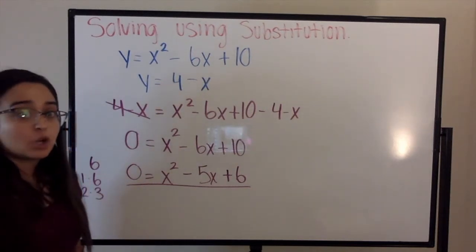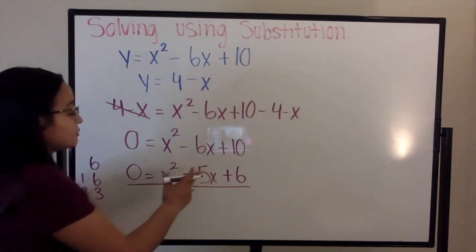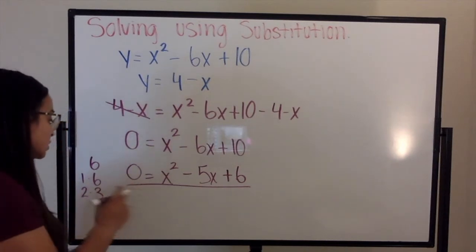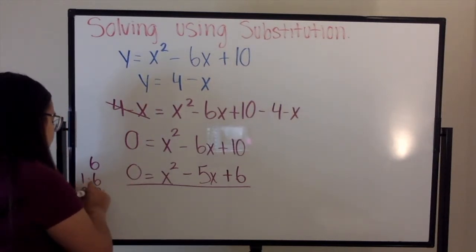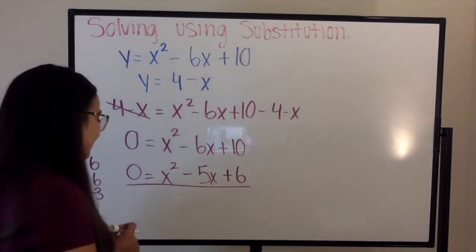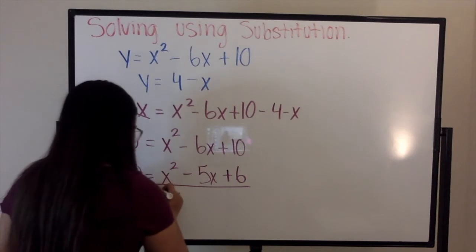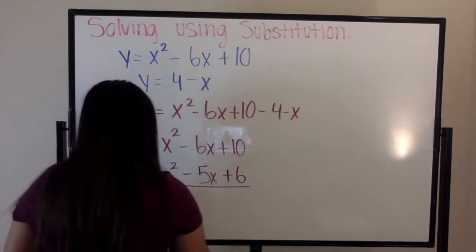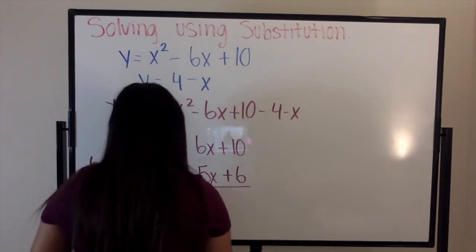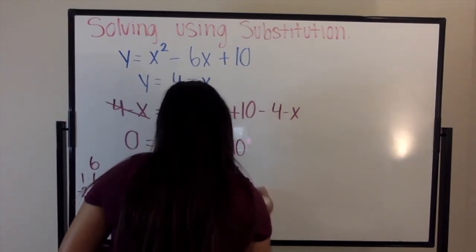Off the bat, I know both of my numbers are going to have to be negative in order to have a positive outcome when multiplied and a negative outcome when combined. So, I know if I have a negative 2 and a negative 3, that would be possible. Okay? So, now let's factor this out. It equals x minus 2, and then x minus 3.